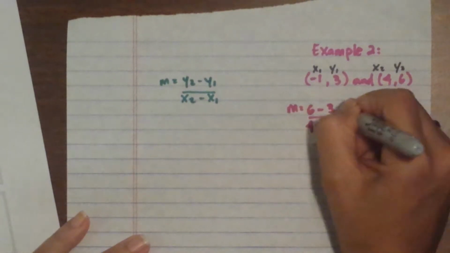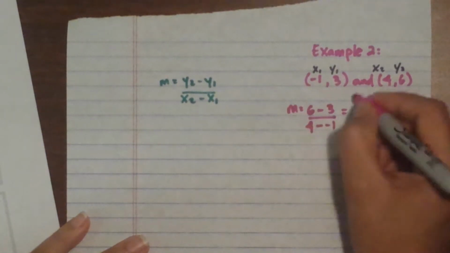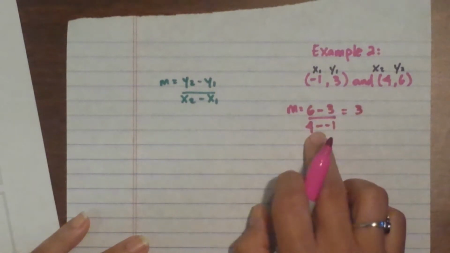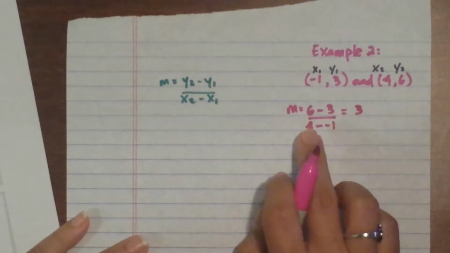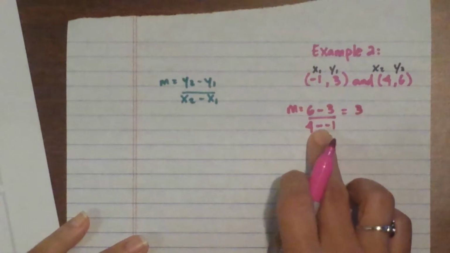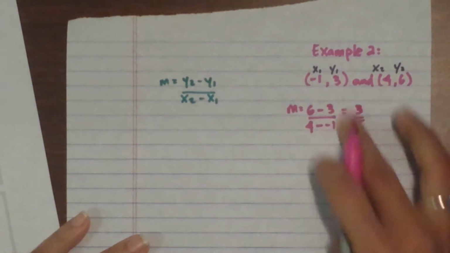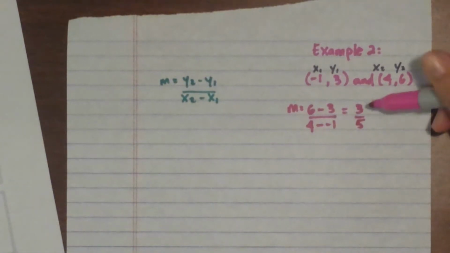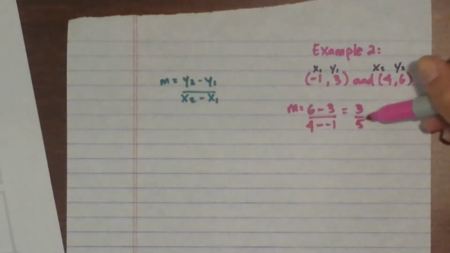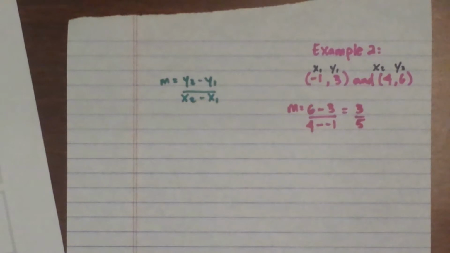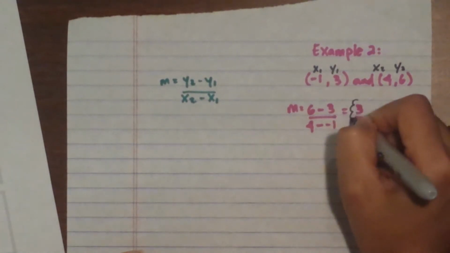Negative 1. Go ahead and simplify this. 6 minus 3 is 3. 4 minus negative 1 is the same as saying 4 plus 1, because the two negatives become positive, over 5. Can I simplify that? Remember, you always simplify your slope. Can I simplify 3 over 5? Is there a number that goes into 3 and 5? No, which means that is my slope. My slope is now a fraction.